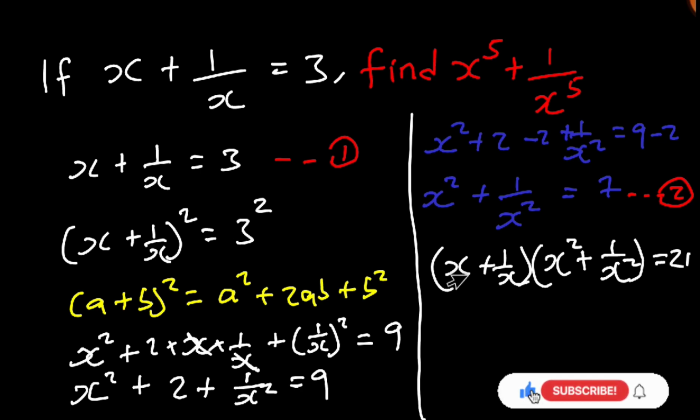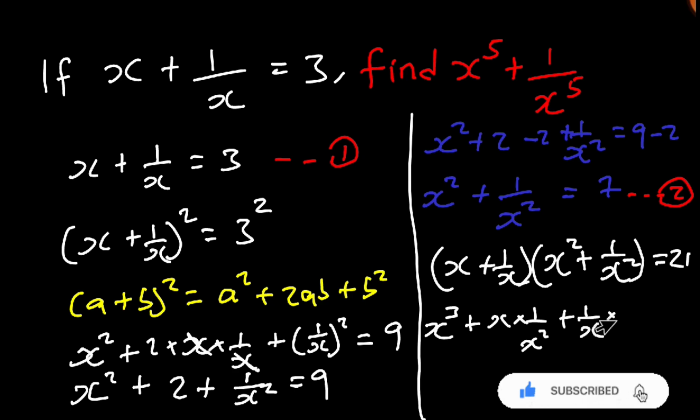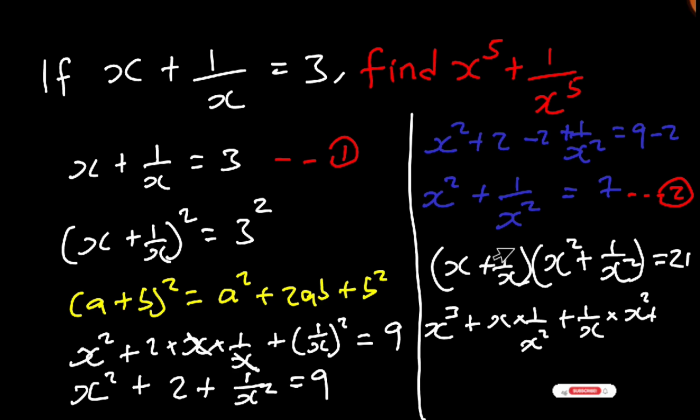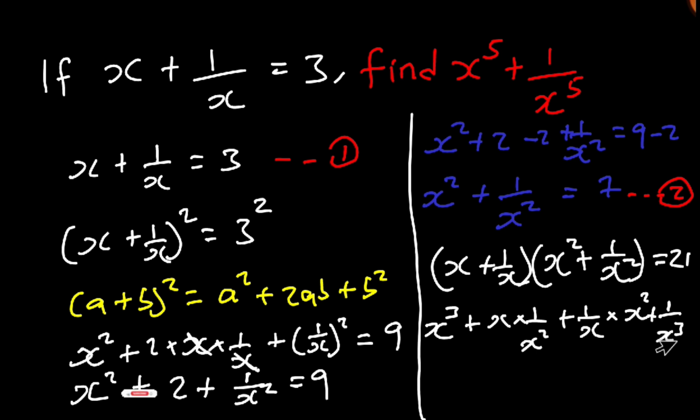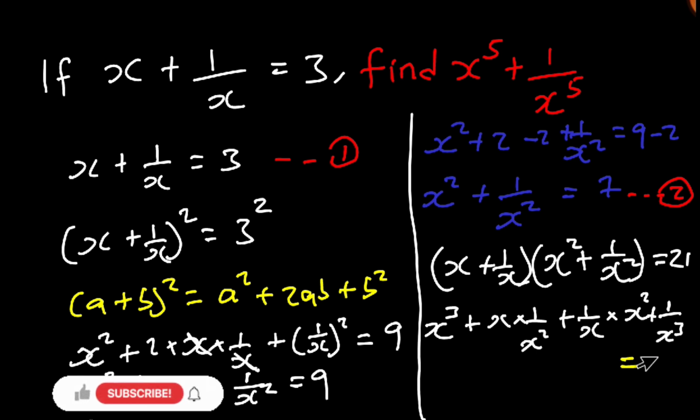So let's FOIL. x times x squared is going to give us x cubed, then plus x times 1 over x squared, then plus 1 over x times x squared, then plus 1 over x times 1 over x squared. So this is going to give us 1 over x cubed, and this is equal to 21.